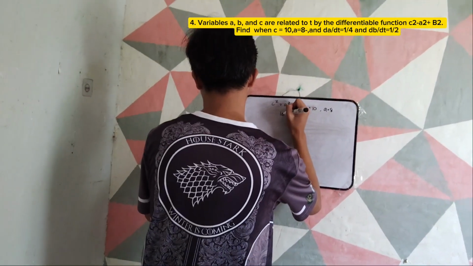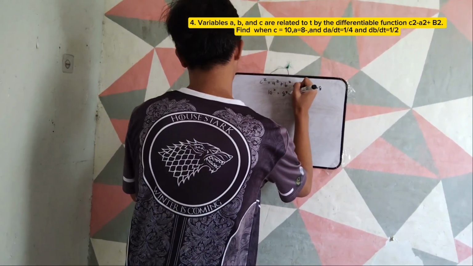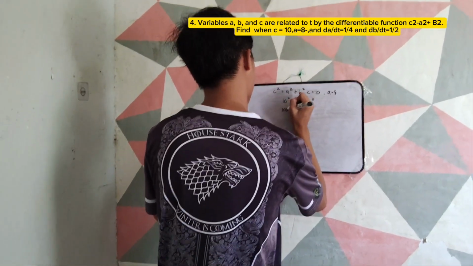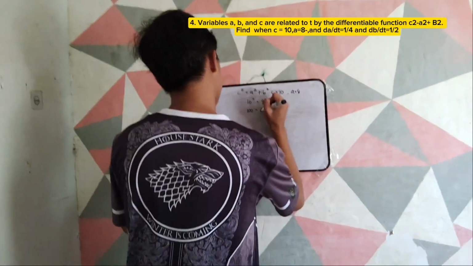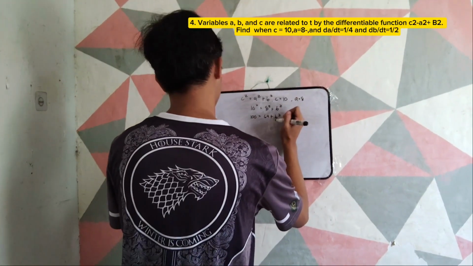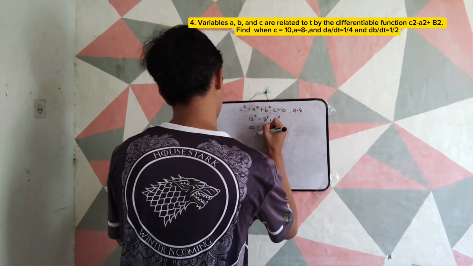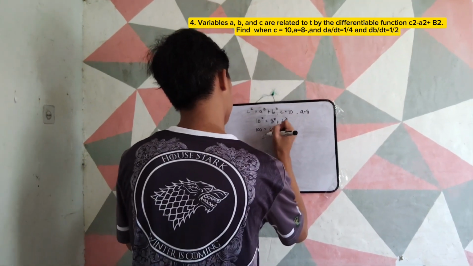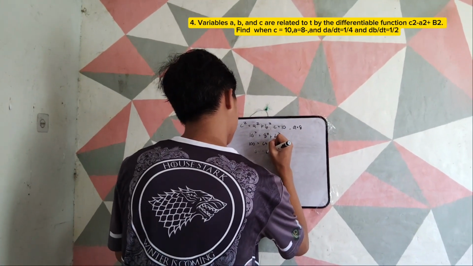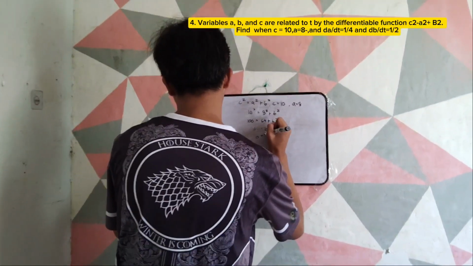So 10 squared is equal to 8 squared plus b squared. So 100 is equal to 64 plus b squared. We come up with 36, because 100 minus 64 is 36, then b squared. So b will be equal to 6.